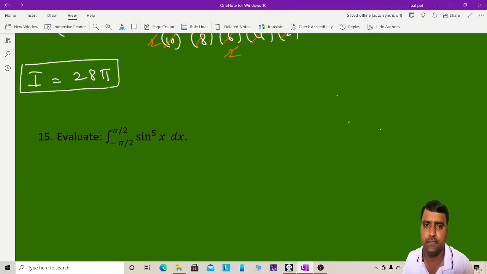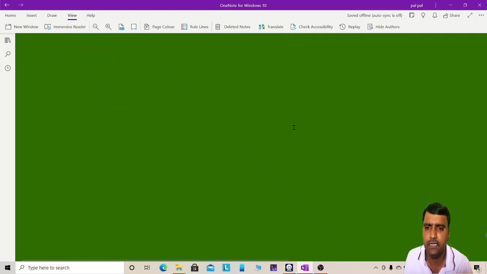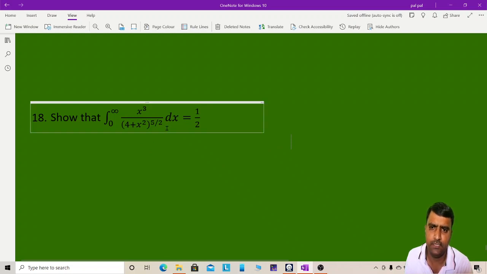So okay guys, try to solve this integration from minus pi by 2 to plus pi by 2 of sine to the power of 5x into dx, and if possible, solve integration from 0 to infinity of x cube by 1 plus x square into x square to the power of 5 by 2 into dx.